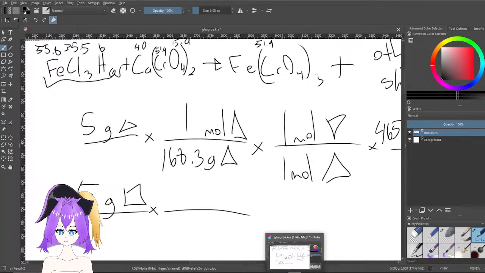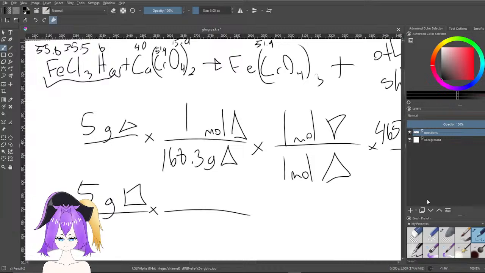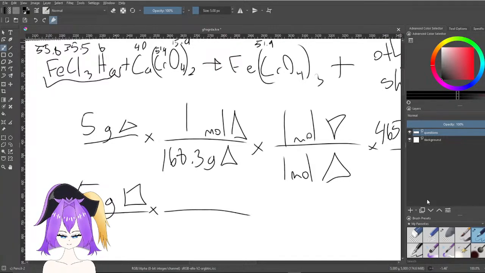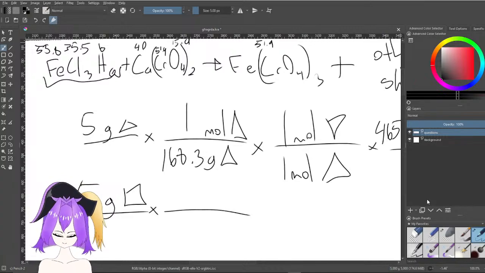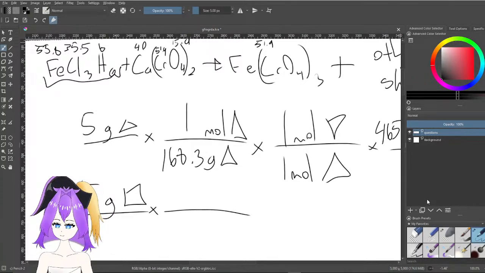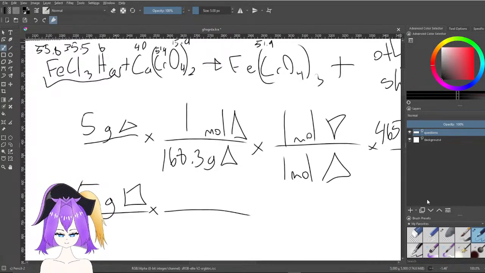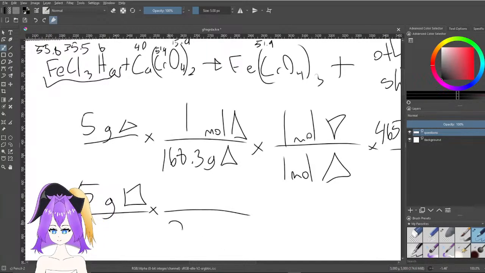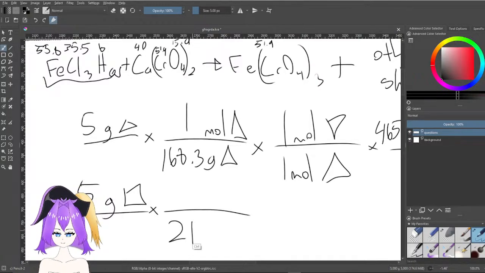So 40 plus 51.9 times 2 plus 15.9 times 8 is 21 flat. 271 flat.